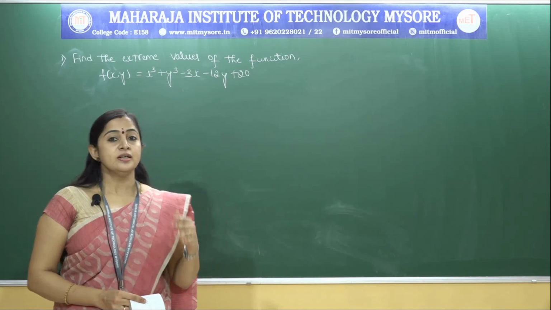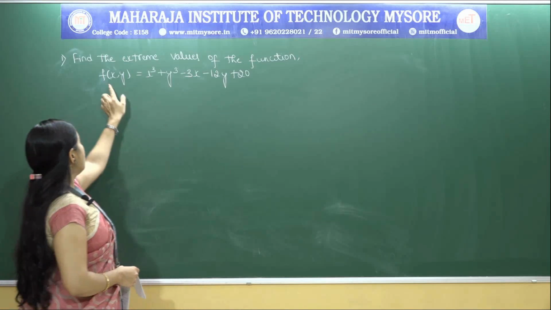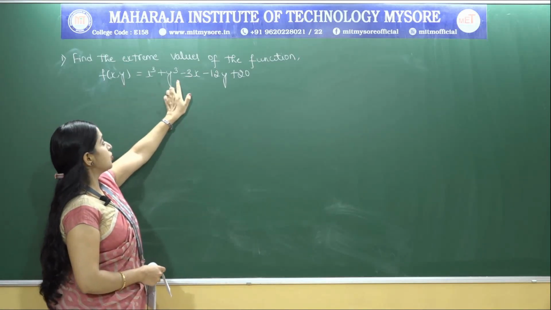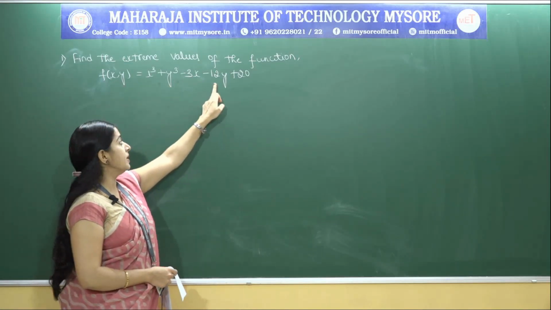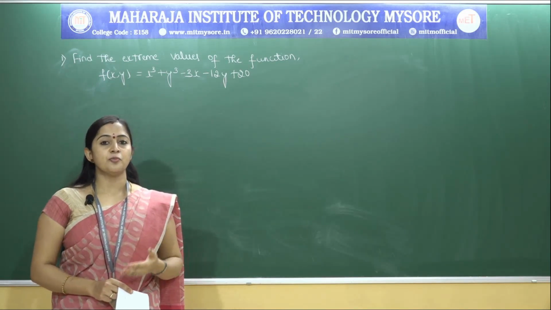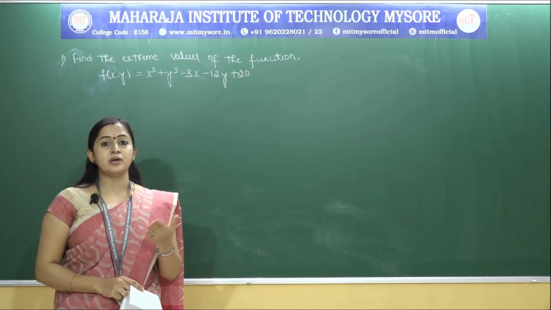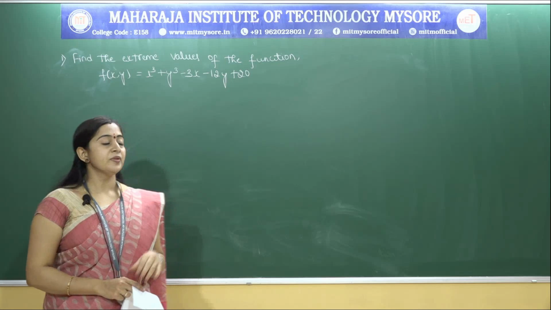Next, the problems. So they will ask to find the extreme values for the given function f of x comma y, x cube plus y cube minus 3x minus 12y plus 20. You have to find the stationary points, that is consider the first order differentiation fx and fy then equal to 0.